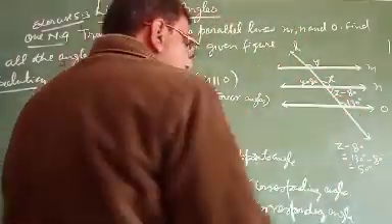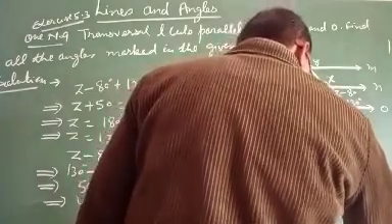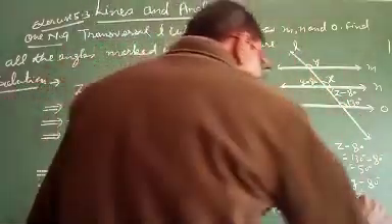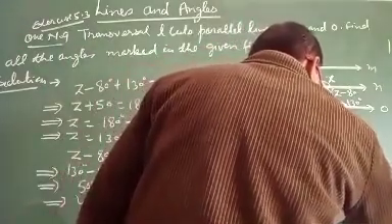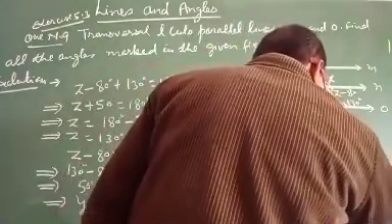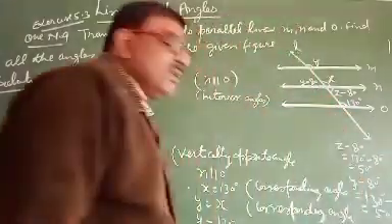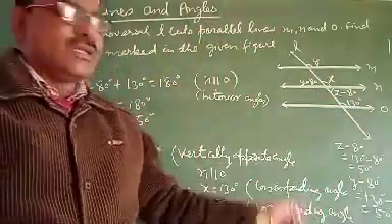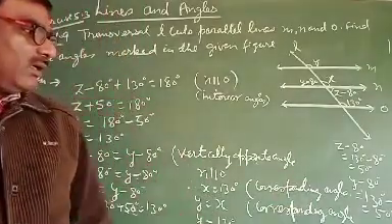And Y minus 80: value of Y is 130 degree. Therefore 130 degree minus 80 degree equal 50 degree. This is the value of all the angles which is given to us.